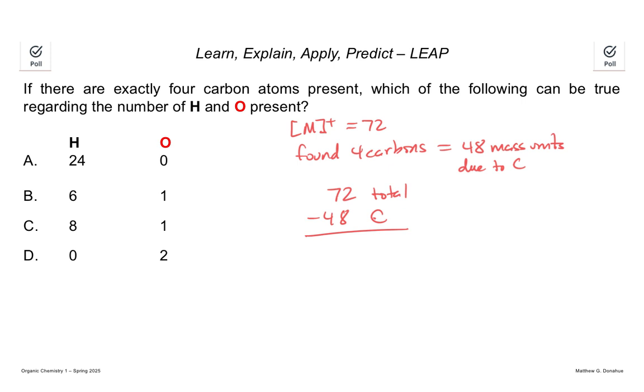So 68, 72, that's 24. So we have 24 mass units, and now here's a table with some ratios.